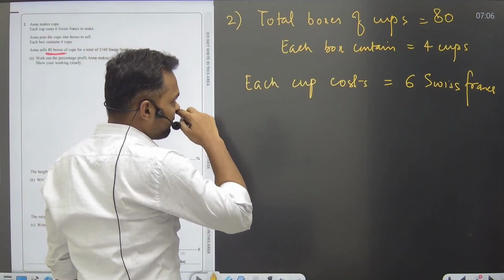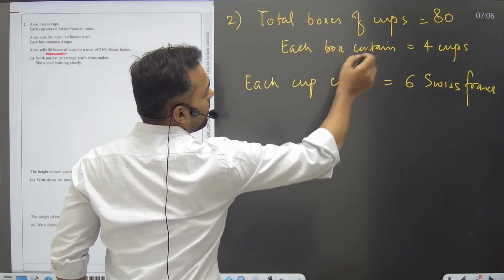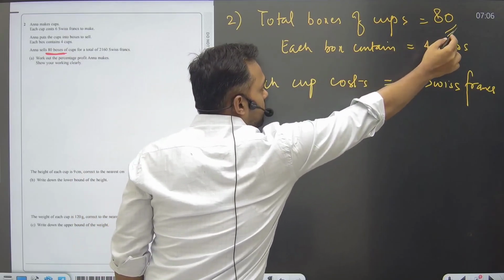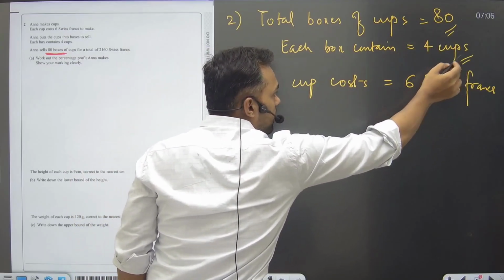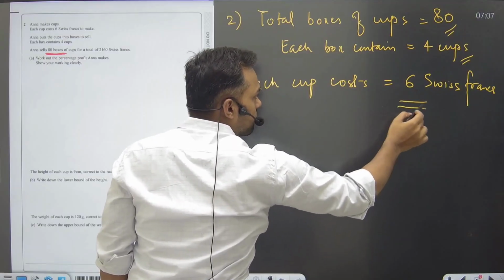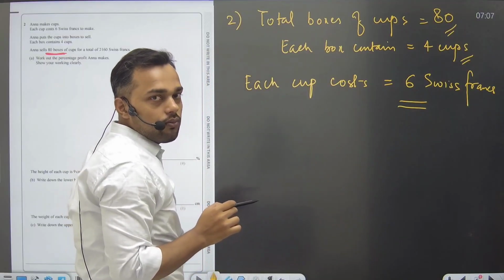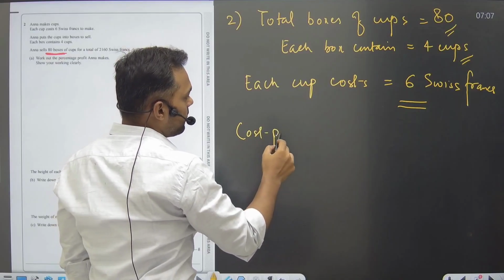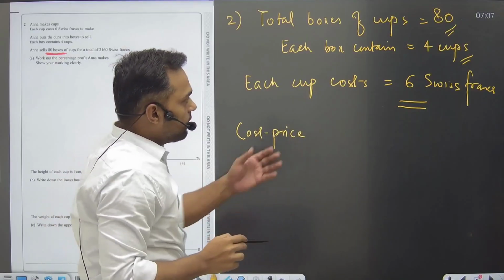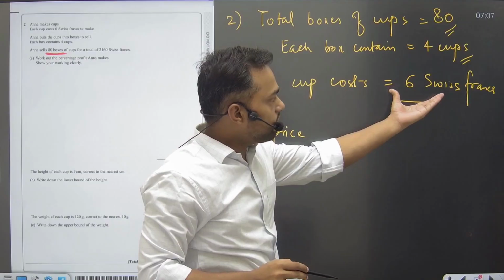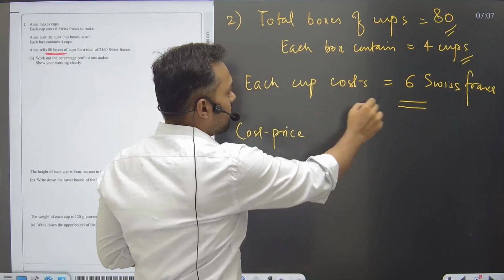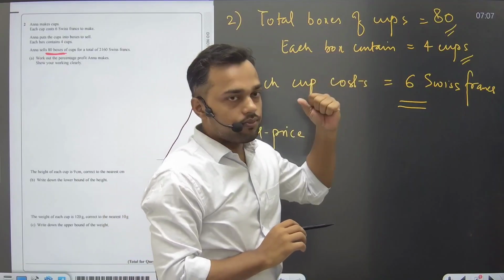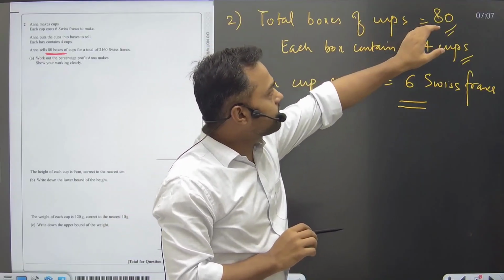Now for 80 boxes, in which 4 cups are present at the rate of 6 Swiss francs, what will be the cost price? Again I will repeat this, student. This is the manufacturing cost of 1 cup, 6 Swiss francs. Each box contains 4 cups and the total boxes of cups are 80.